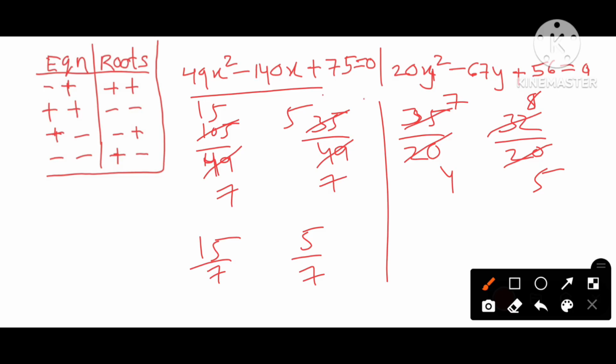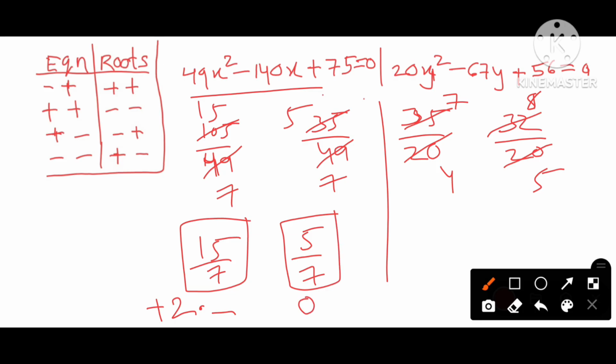Now it is clear that 15 divided by 7 means the value must be 2 point something. 5 divided by 7 means the value is about 0.8. Here 7 divided by 4 means the root value will be approximately 1 point something, and 8 divided by 5 means the root will be 1.6.